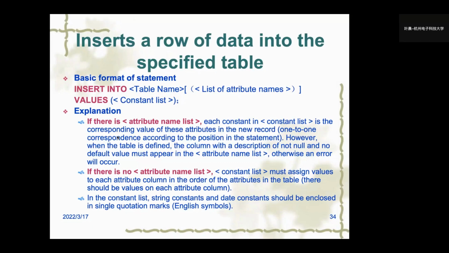However, when the table is defined, a column described as NOT NULL with no default value must appear in the attribute name list. Otherwise, an error will occur. And if there is no attribute name list, the constant list assigns values to each attribute column in the order of the attributes in the table.